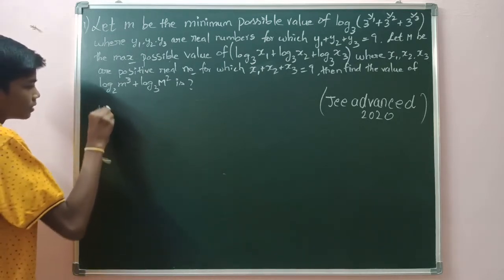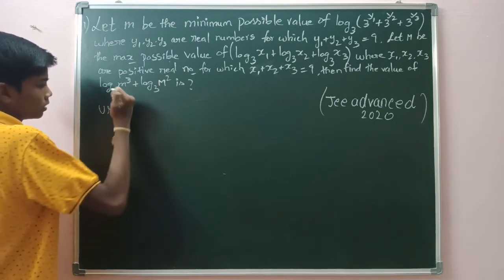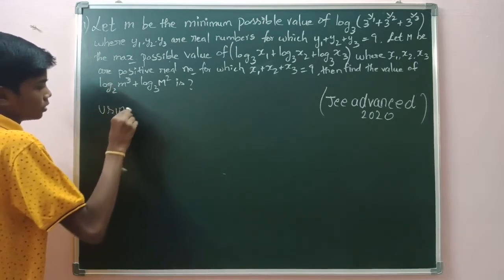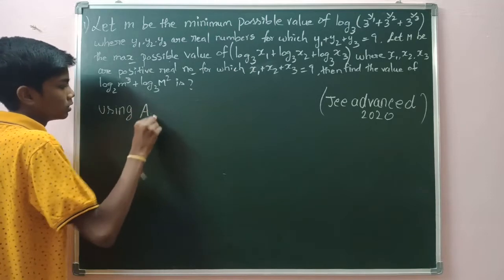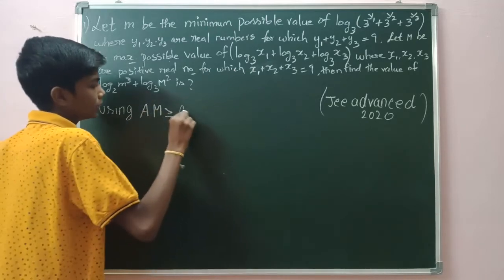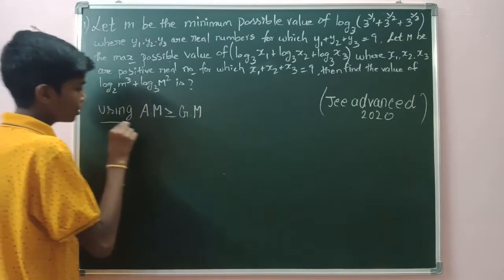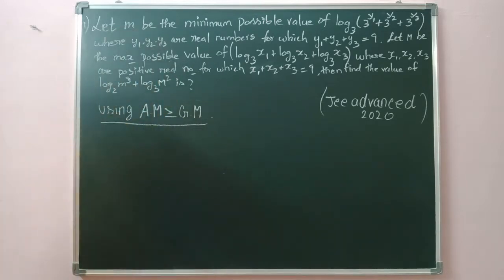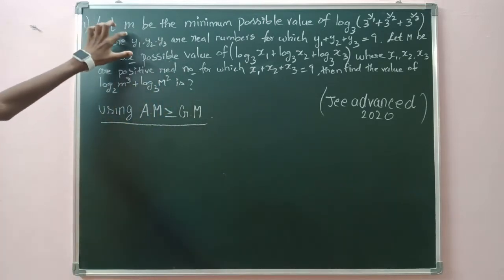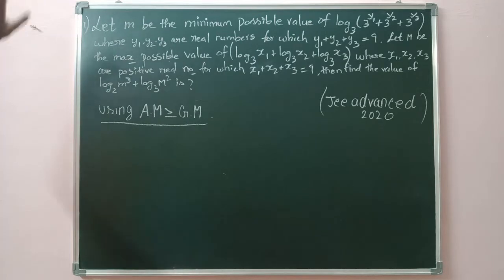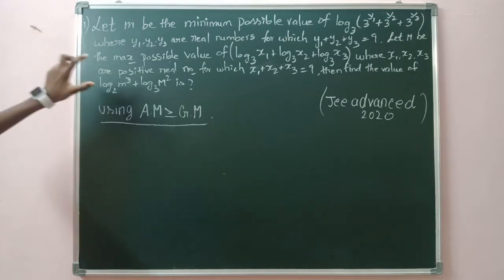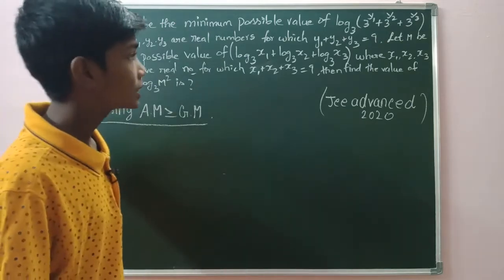So using AM greater than or equal to GM inequality, I am going to solve the first part of the question. First part means they gave that small m is the minimum possible value now. So for that expression I am going to solve using your AMGM inequality. So the question is given that y1, y2, y3 are real numbers.